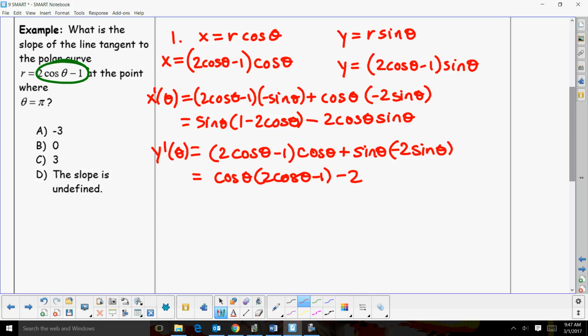I don't care how you like to simplify it. You can leave it all in one big lump without simplifying. So then I'm going to find my dy dx by taking the derivative of the y over the derivative of the x. And again, however you simplified it, as long as it's correct, it's fine. Or if you didn't simplify it, that's fine too.